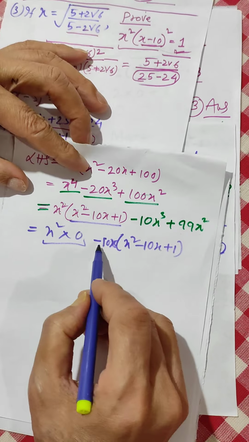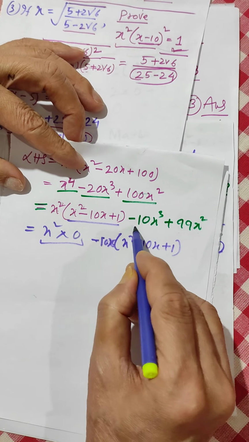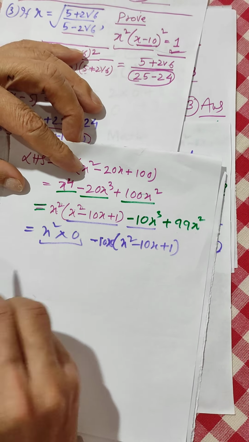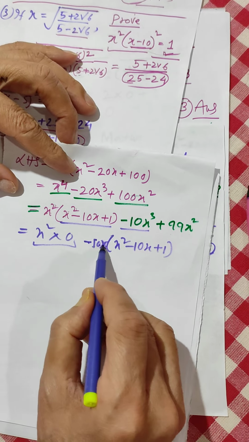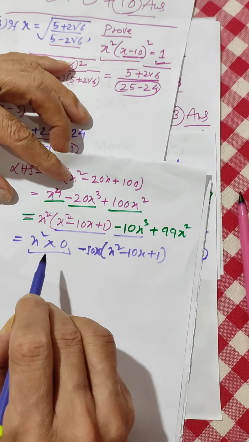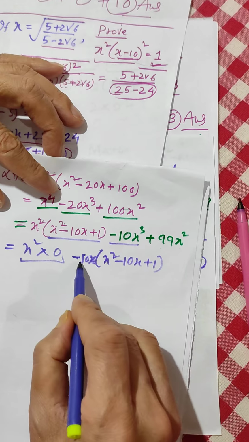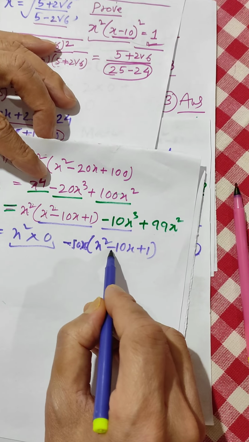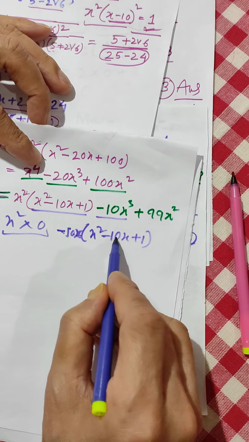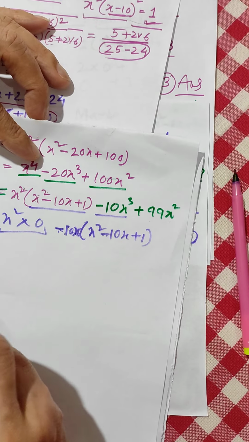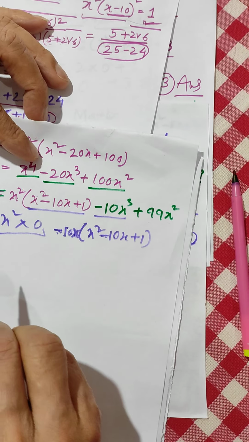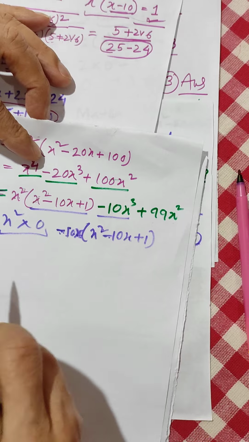Why minus 10x? Minus 10x into x square will be minus 10x cube. So we must write minus 10x. Minus 10x into x square is minus 10x cube. Then minus 10x into minus 10x, what do you get? Plus 100x square.